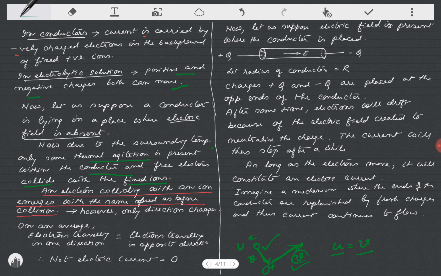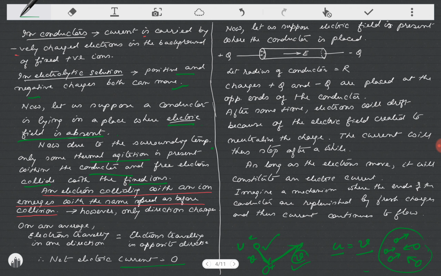They more or less cancel each other. So net charge flow is zero, and hence the net current flowing through it is zero. This takes place when the electric field is absent.